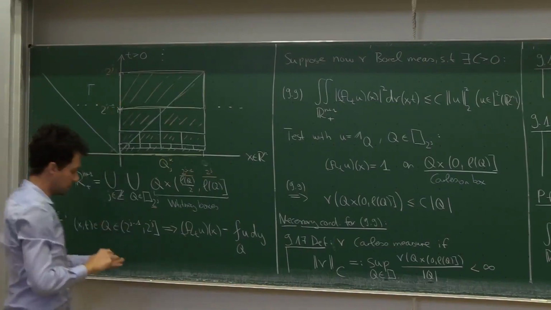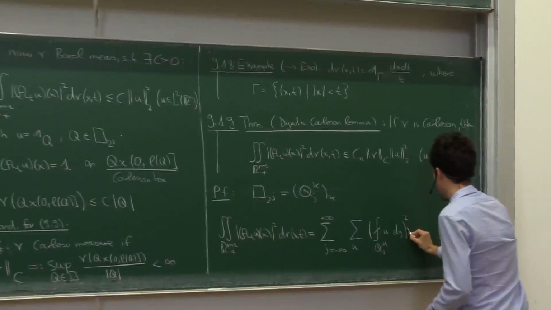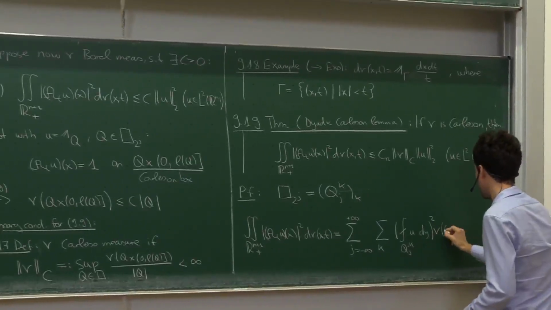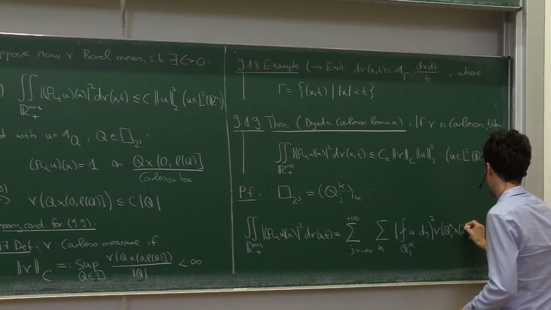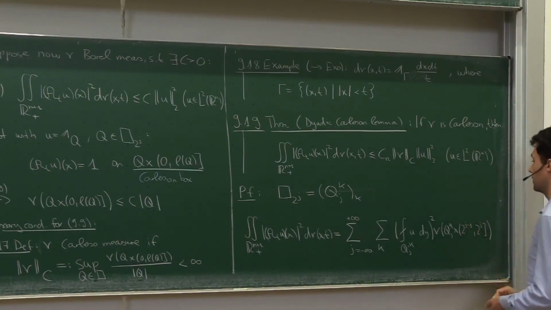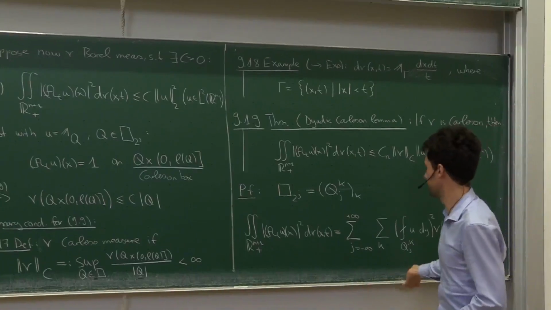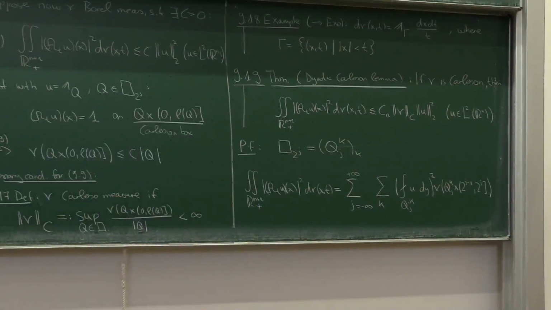So it's this region. The function is constant, so if I do the integration, this is going to be just the measure of Q_jk cross 2^{j-1} to 2^j, end of the story. So this is how the integral splits into all its elementary things.